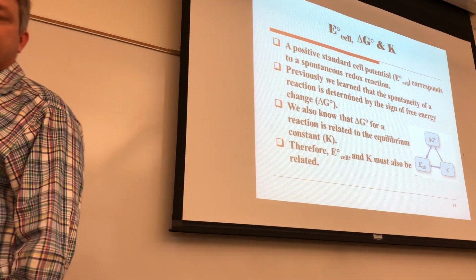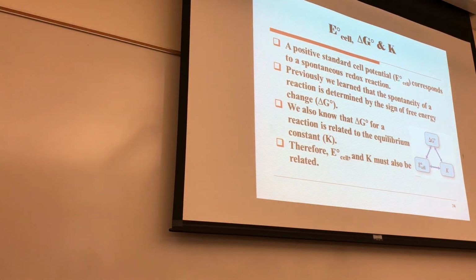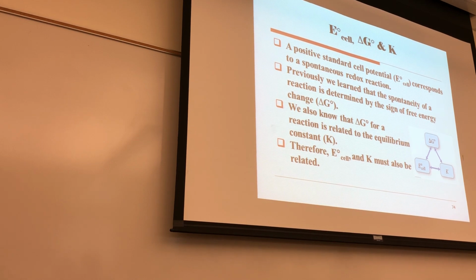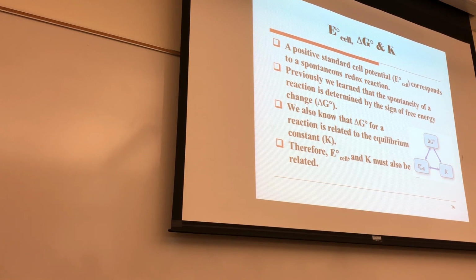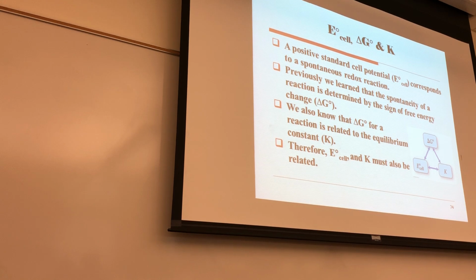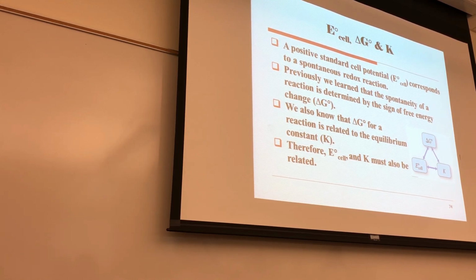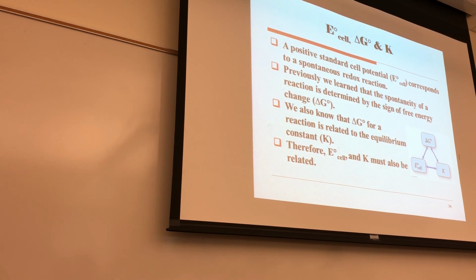It's under non-standard conditions. Under non-standard conditions, what did we do with it? Delta G equals delta G under standard conditions plus or minus RT times the log of K. Right? So we did have a correlation between those.